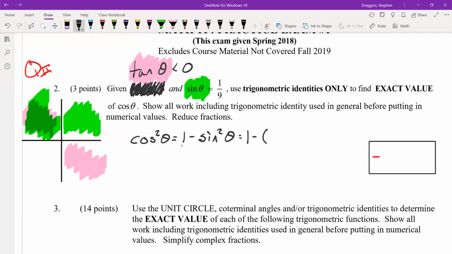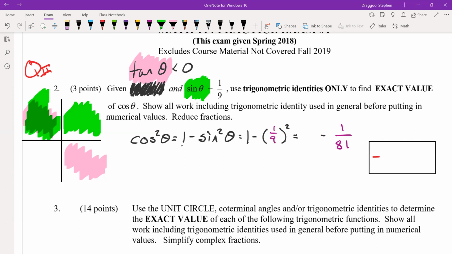This is 1 minus (1/9) squared. I can start simplifying that expression to be 1 minus 1 over 81. But now I'm going to be subtracting a fraction from a number.